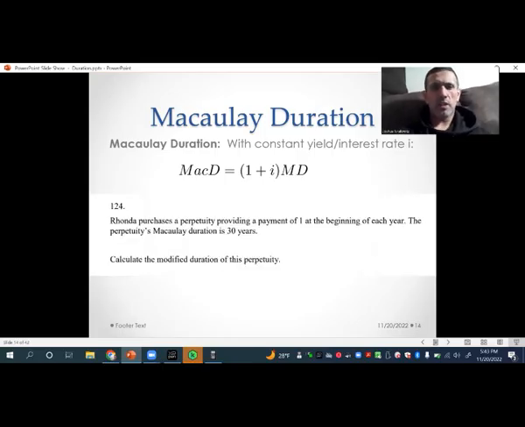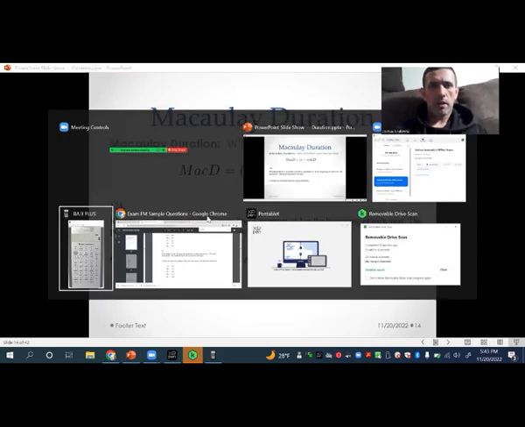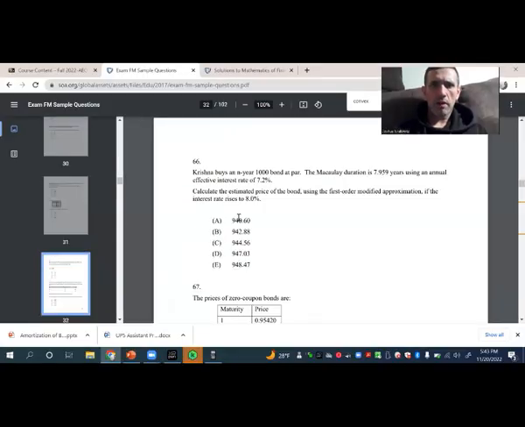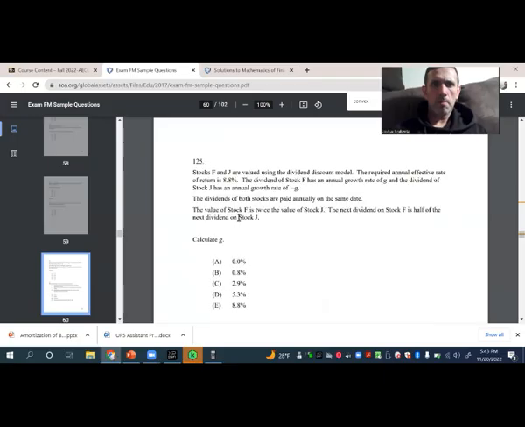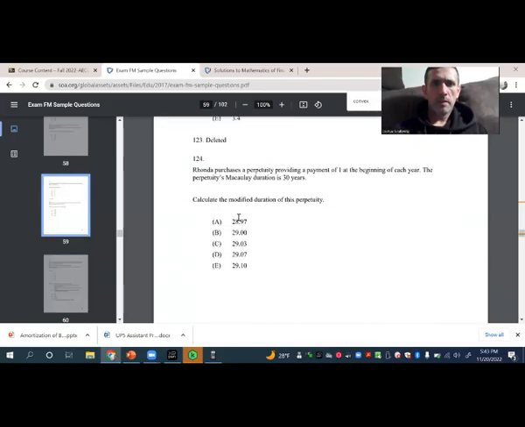All right, so let's dive into an example, and this is 124 in the sample exam FM problems. Rhonda purchases a perpetuity, $1 at the beginning of each year. Perpetuity's Macaulay duration is 30 years.